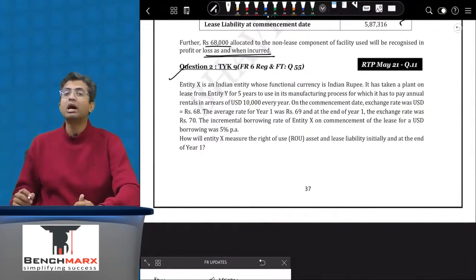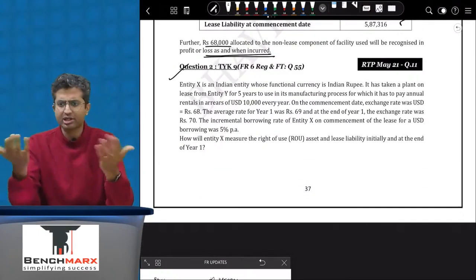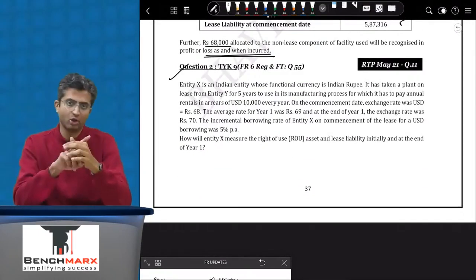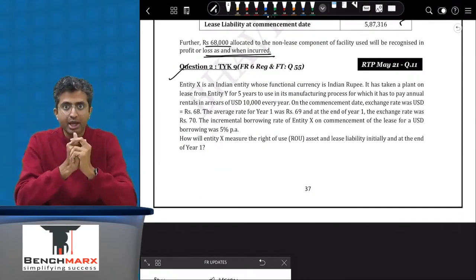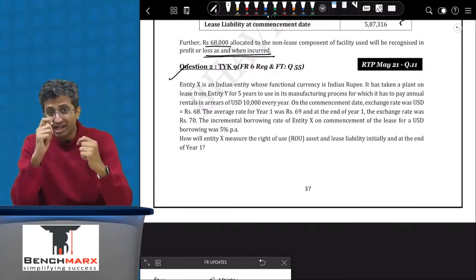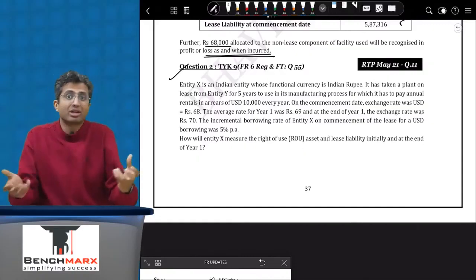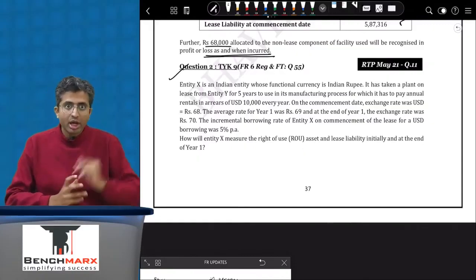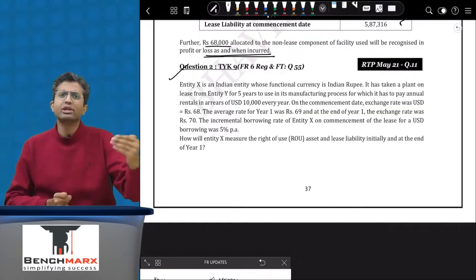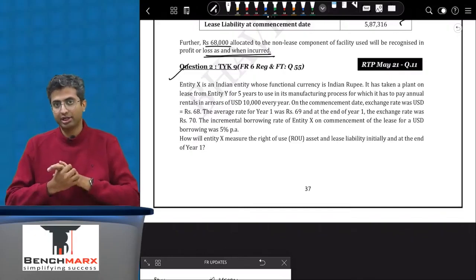Next, you go to question number 2. Over here, this is a foreign currency lease. Well, if it's a foreign currency lease, so be it. Ind AS 21 on foreign exchange will also apply. Remember, what is a monetary item? A monetary item is an item whereby you have a contractual right or a contractual obligation to pay or receive a determinable amount. So a lease liability, you have to contractually pay a determinable amount, and hence the lease liability is a monetary item.